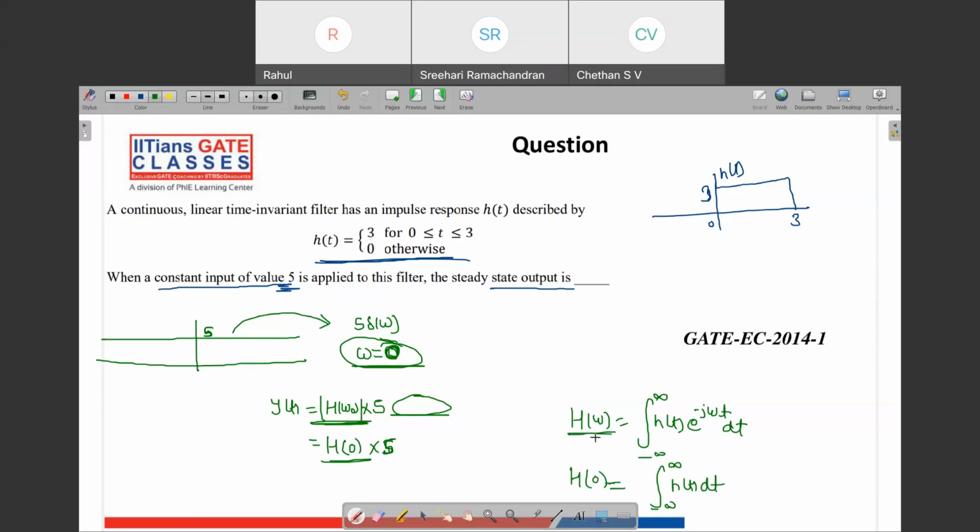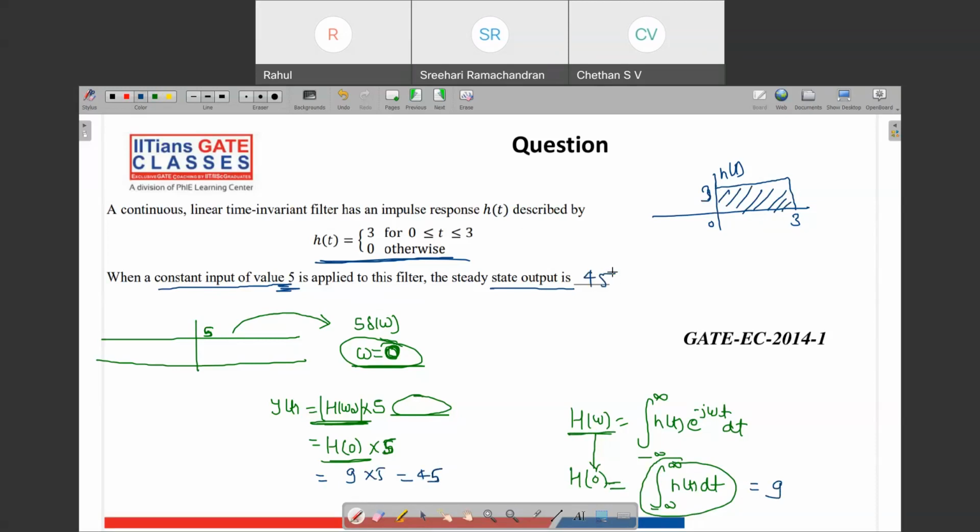Just put omega equal to 0 directly, and it is simply the integration of h(t), or the area under the curve. In this case it is equal to 9. Height is 3, width is also 3, so this is 9. So you write it as 9 into 5, which is 45. So the steady state output will be equal to 45.